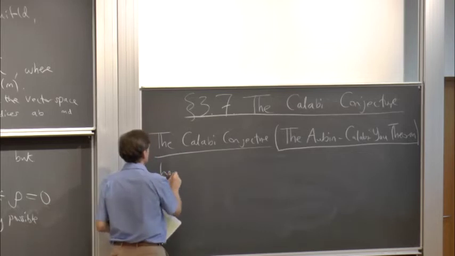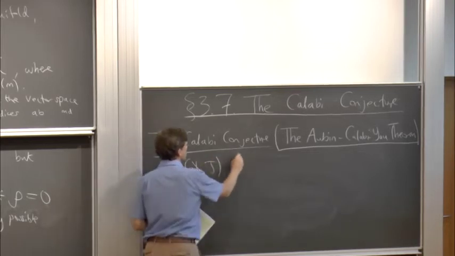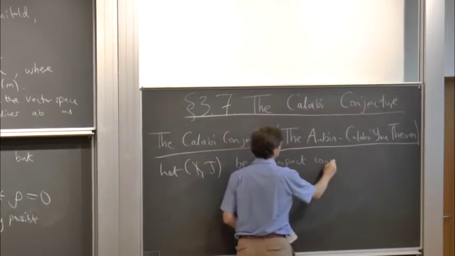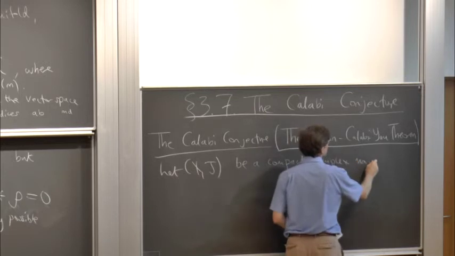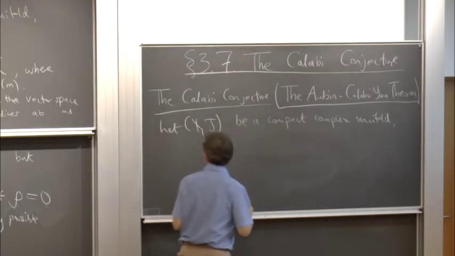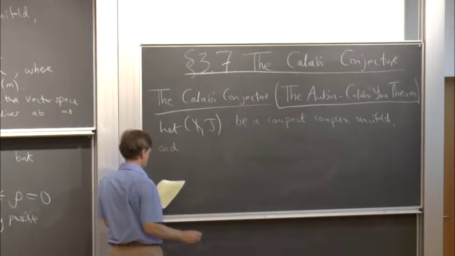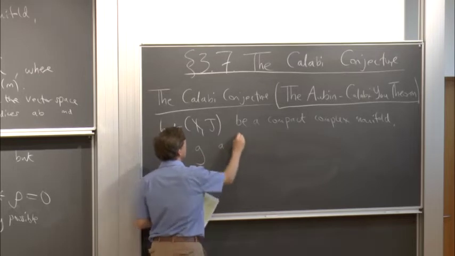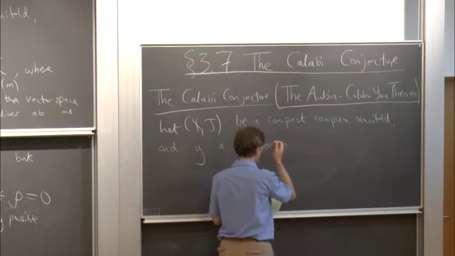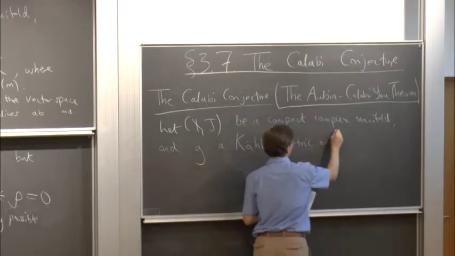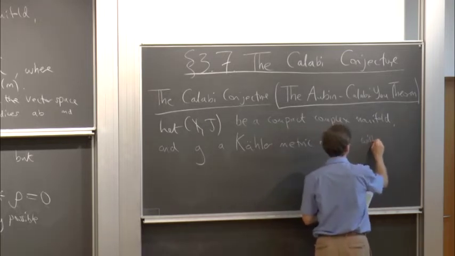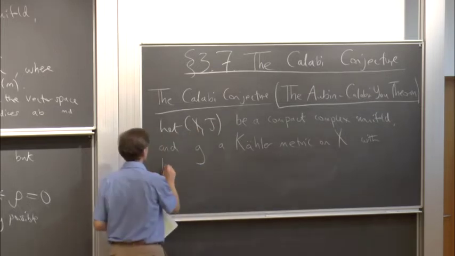So let's take X, J to be a compact complex manifold, and g a Kähler metric on X with Kähler form omega.